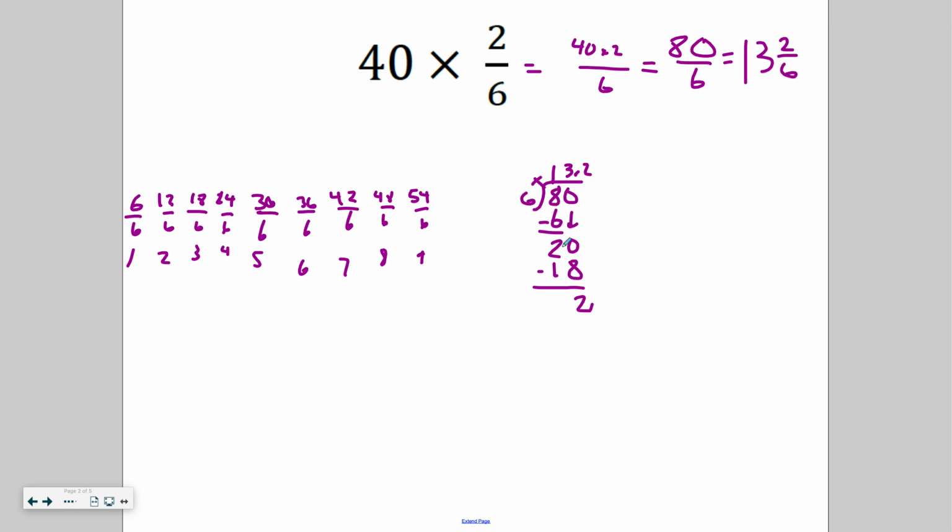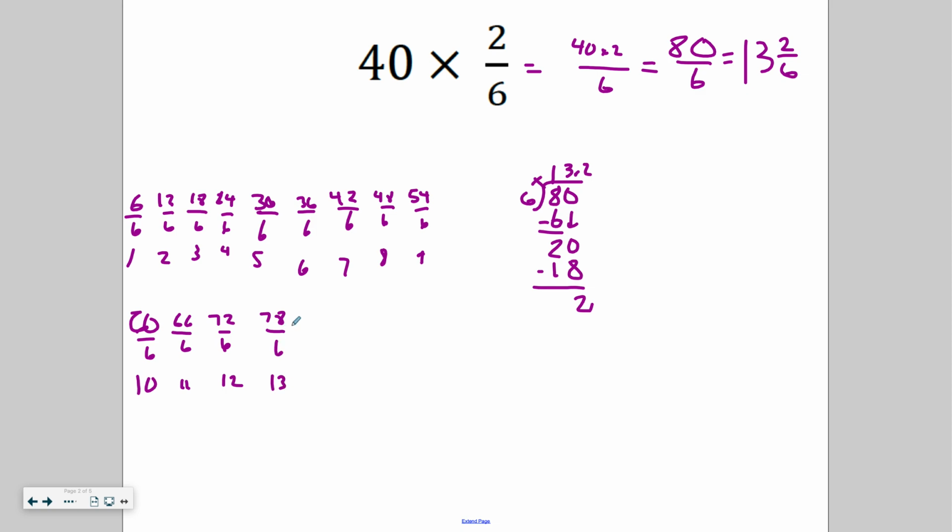I'm going to go down here just so I don't run into my long division. 60 sixths is 10 wholes. 66 sixths is 11 wholes. 72 sixths is 12 wholes. 78 sixths is 13 wholes.